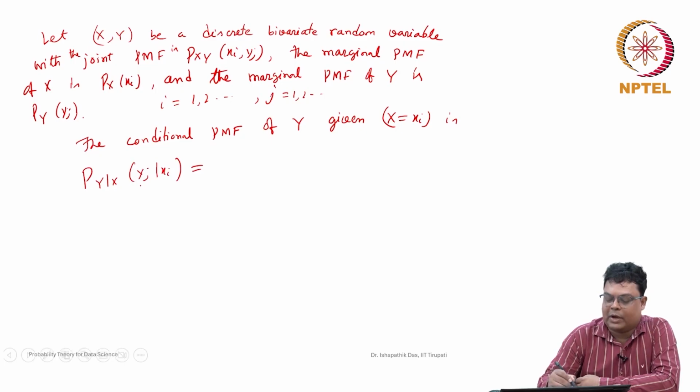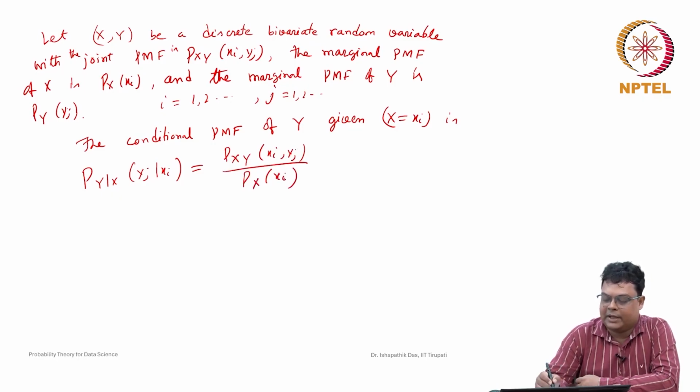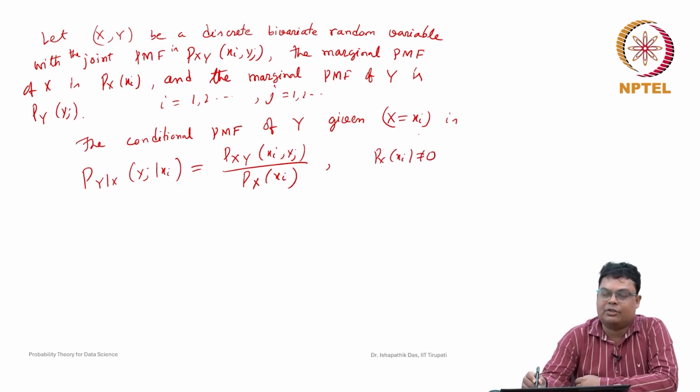For any values of yj in the range and particular values of xi, this is defined as p_XY(xi, yj) divided by p_X(xi), because it is Y given X. We assume here that p_X(xi) should not be equal to 0, so xi should be in the range of X, otherwise it will be 0. So this is the conditional probability mass function.